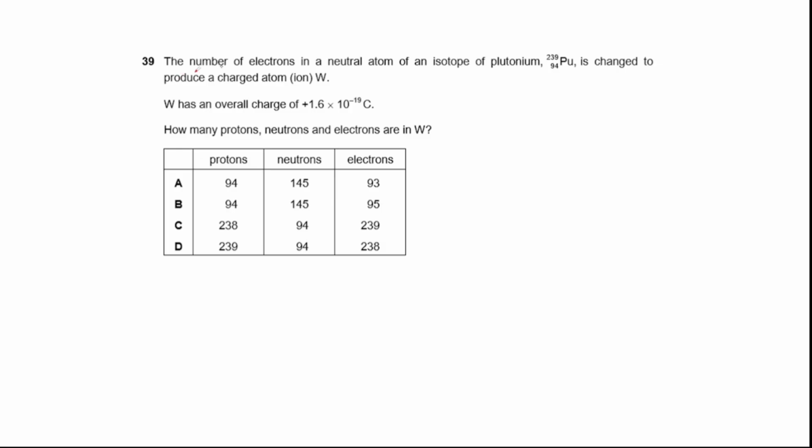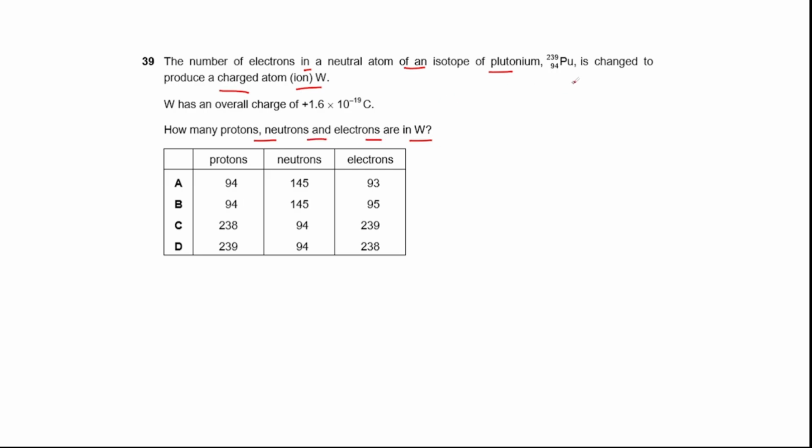Question number 39. The number of electrons in a neutral atom of an isotope of plutonium is changed to produce a charged atom, ion W, which has an overall charge of plus 1.6 times 10 to the power of negative 19 coulomb. How many protons, neutrons and electrons are in W?